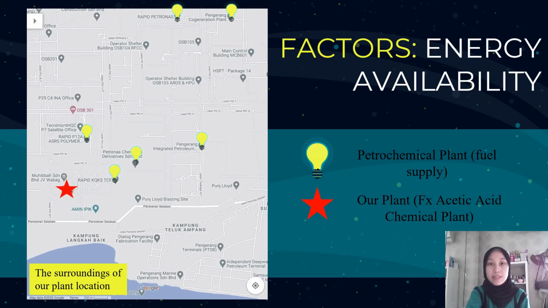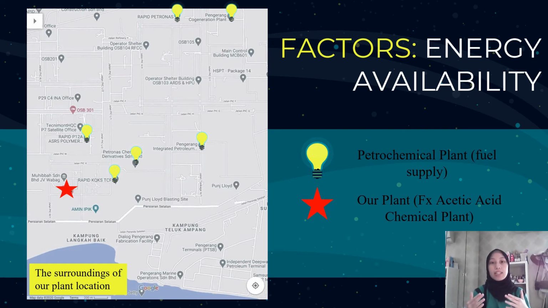So, as can be seen on the satellite image, the yellow bulb indicates the petrochemical plant in Pengerang, Johor. Meanwhile, the red star indicates our FX acetic acid chemical plant. So, the petrochemical plants located around complement our need in our plant site in terms of fuel supply.